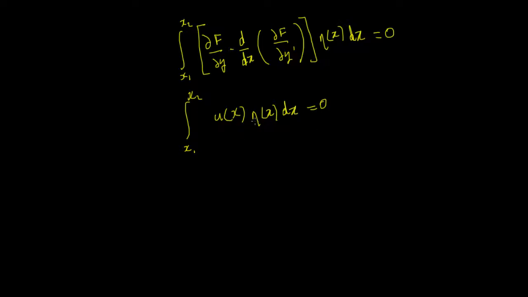Then you might say, well, if beta doesn't equal 0, in order to make that whole integral equal 0, then u of x must equal 0. It's like saying, let's say beta of x is a number 5. So 5 times what equals 0? Well, 5 times 0 equals 0. If it's 100, times what equals 0? 100 times 0.